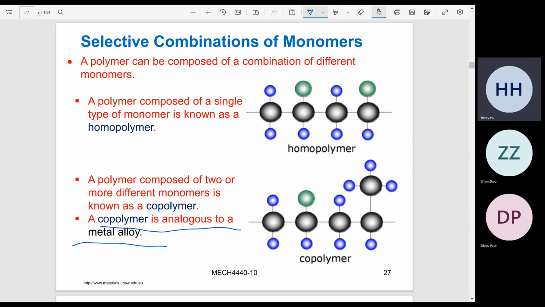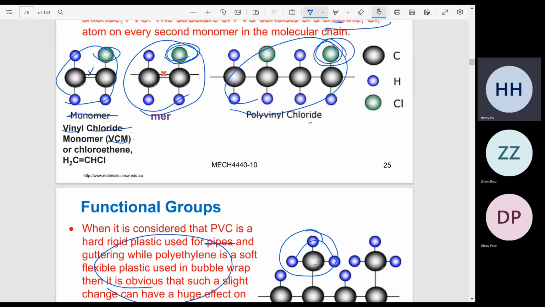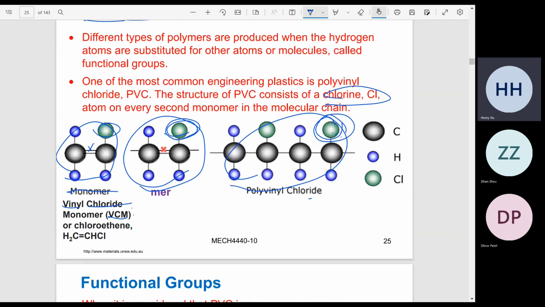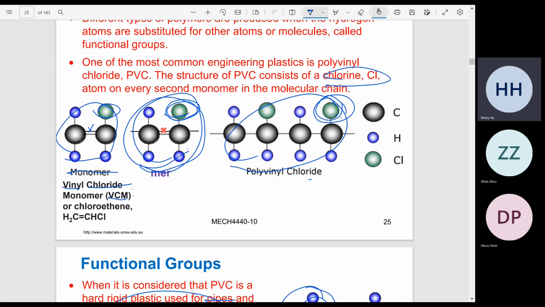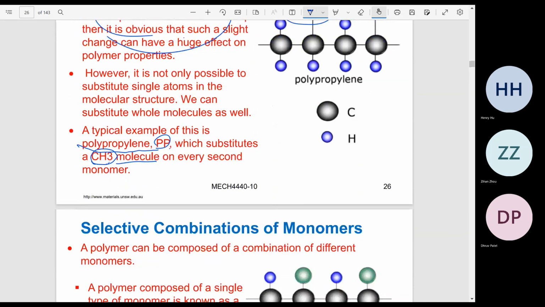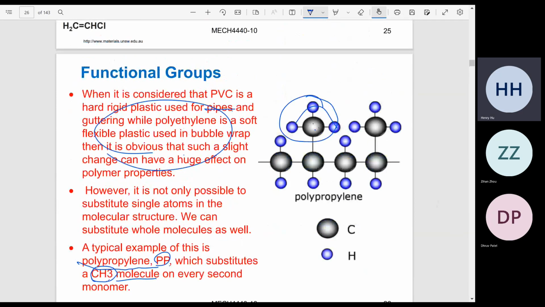So that's what we call a selective combination of the monomer. So basically you have one type of mer, which is this type, and then you have another type of mer, like the one here. And then you combine them together, okay.